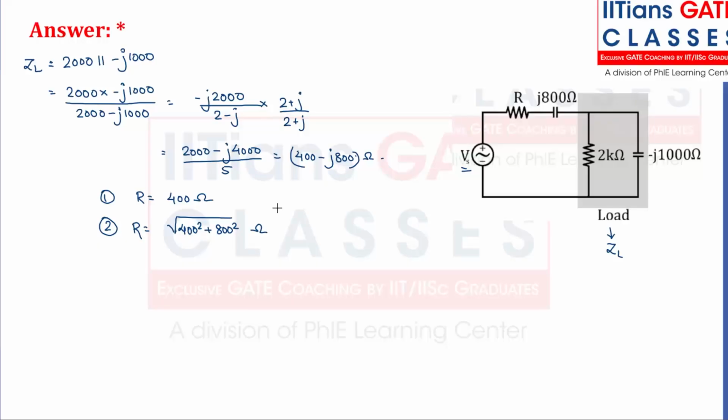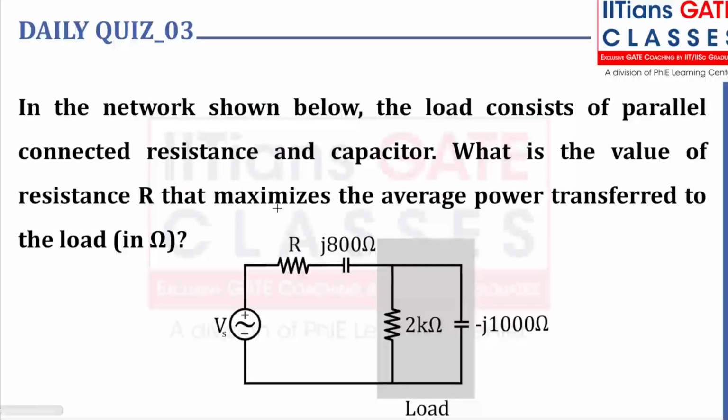So from the maximum power transfer theorem, if you remember, basically my load is variable, and the source resistance, or internal resistance or impedance of the source, is constant.